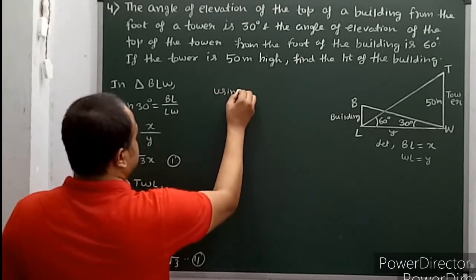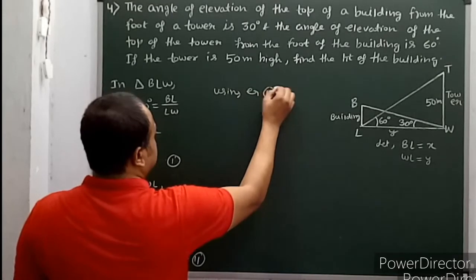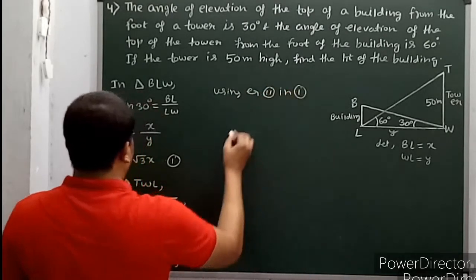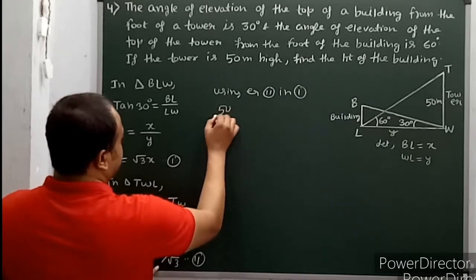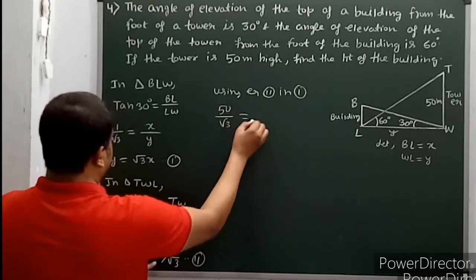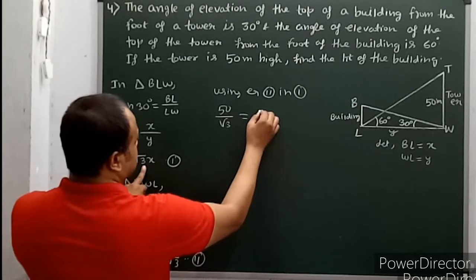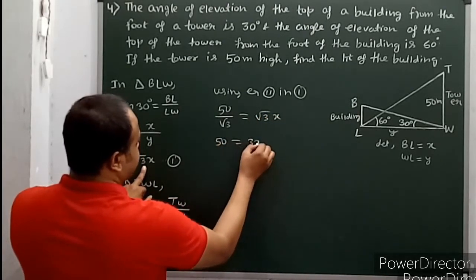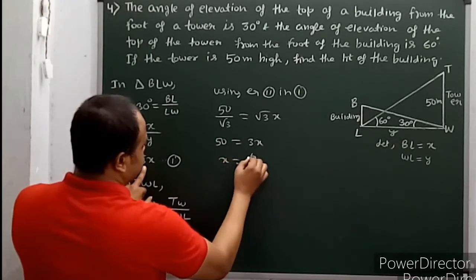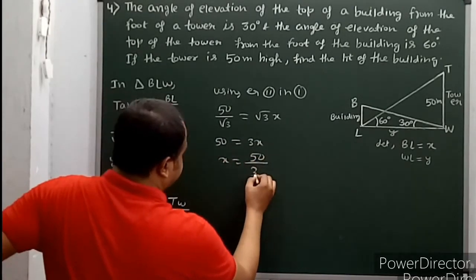Using equation 2 in 1, what we get? Y means 50 by root over 3 equals to root over 3x, that is 50 equals to 3x, x equals to 50 by 3.